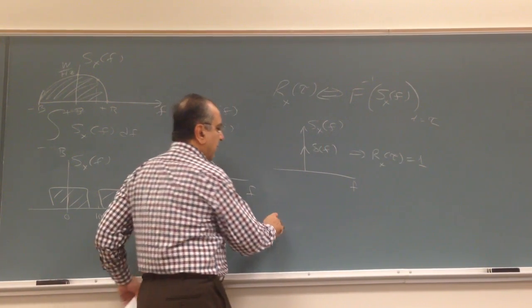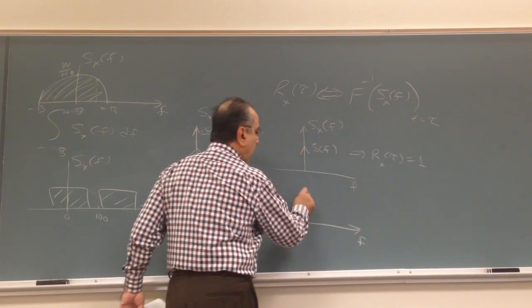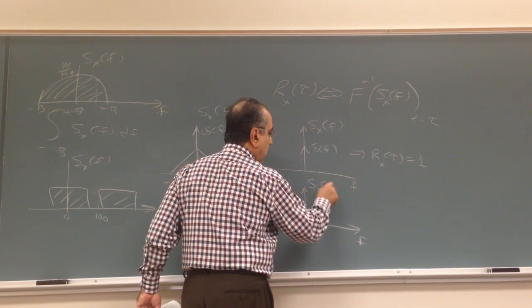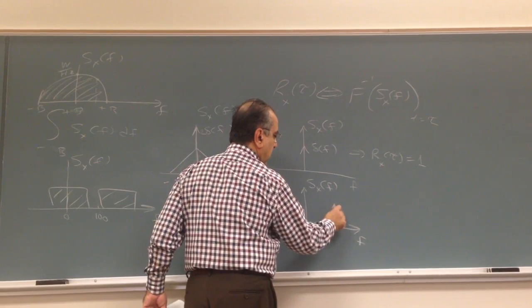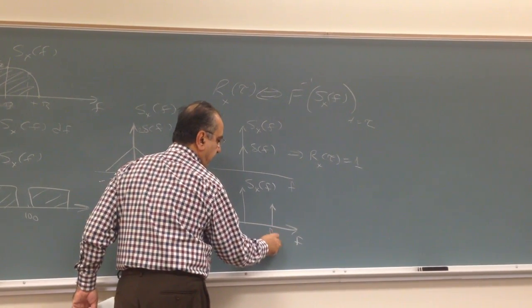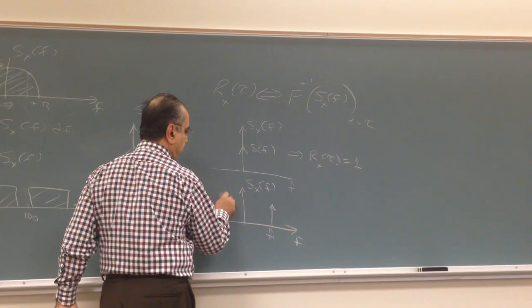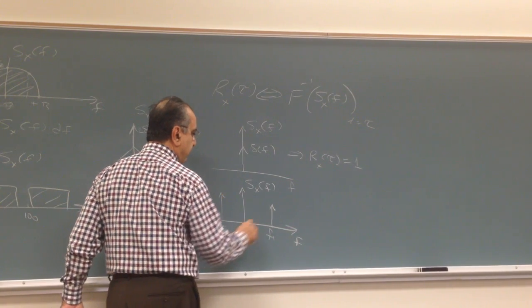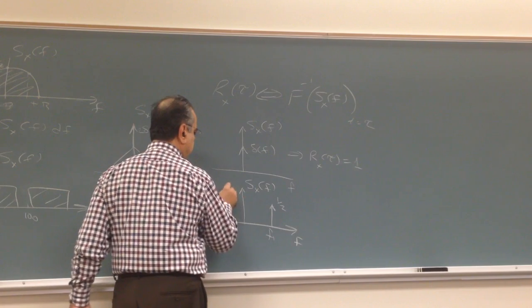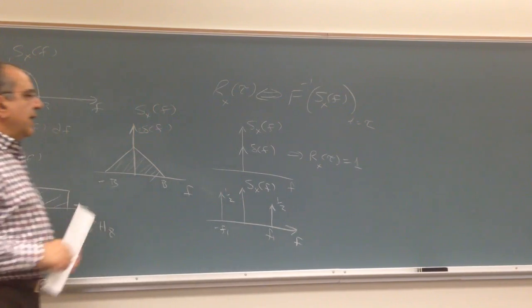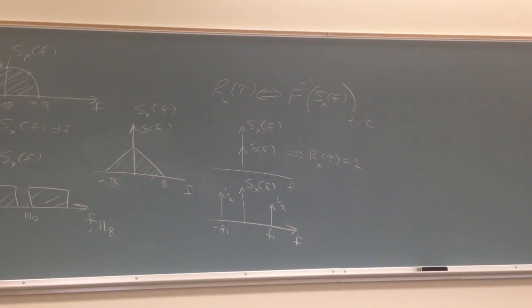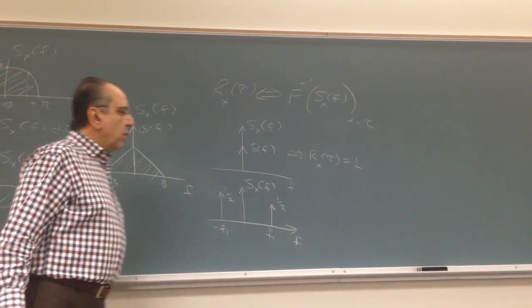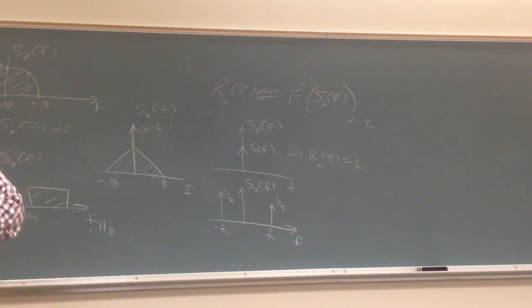If I have a signal with this kind of power spectral density, a delta function at F1 and a delta function at F2, and the weight of each one is half, what would be the autocorrelation?